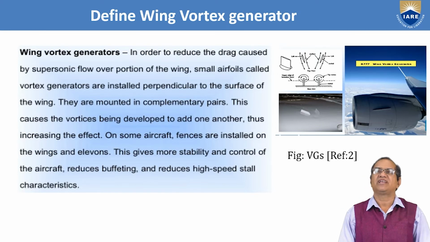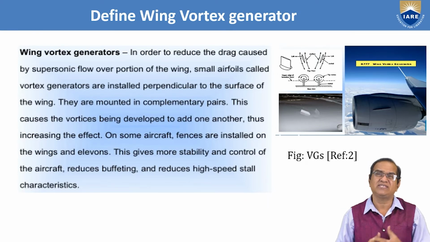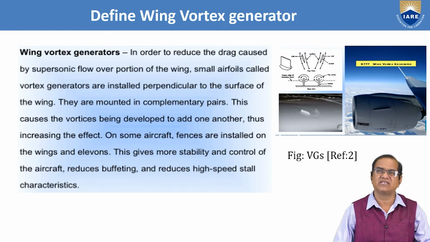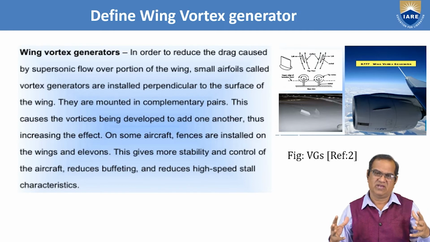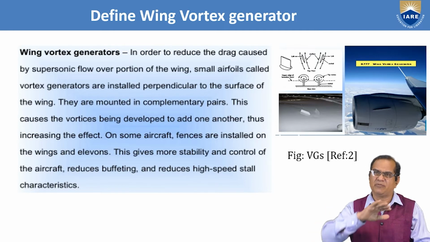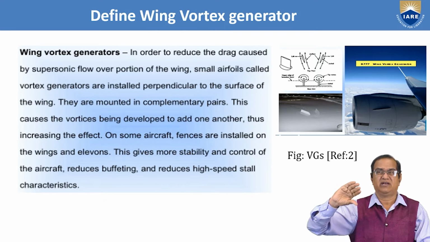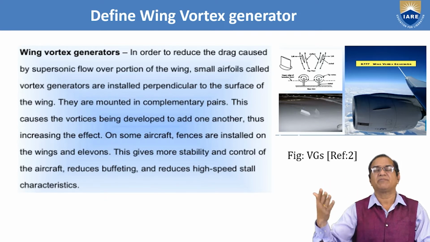Next, define the wing vortex generator. What is the wing vortex and how is it useful for our aircraft? You know that on the wing, after some distance from the leading edge, the air starts separating.